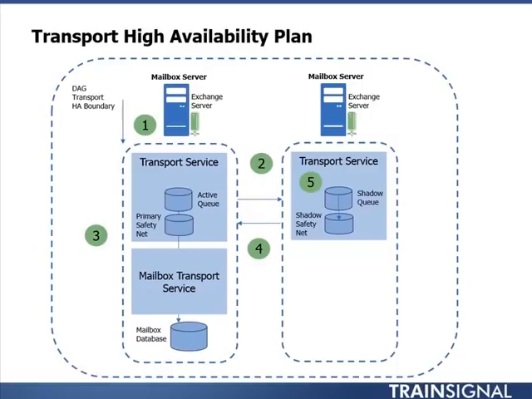In fact, if you could go one step further, and if you could create another server off-site, perhaps in a secondary data center, that would be even better, because then you not only have remote redundancy, perhaps also as part of this DAG, having a third member there, but then you could also ensure that in this case, if they were all three part of a DAG, then the shadow redundancy and the shadow safety net and so forth would also be off-site.